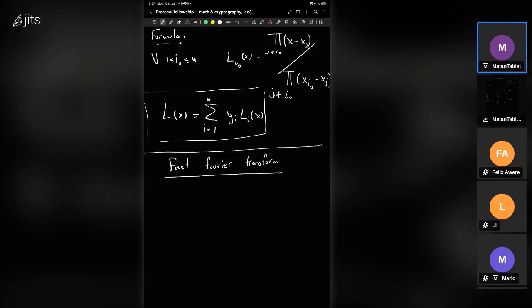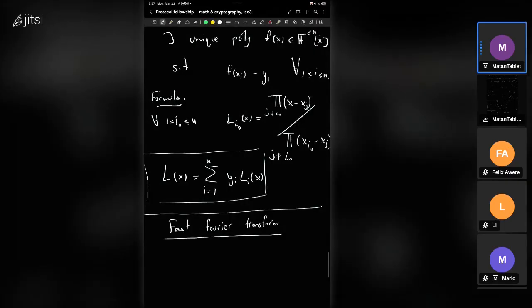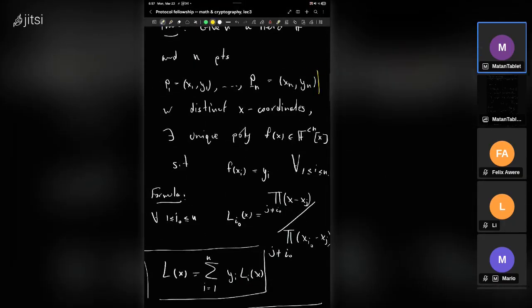Okay, then we have one. Yes. Okay. So what does efficient mean when we interpolate? Look, I will touch on it later on. But what is the time complexity of calculating the Lagrange interpolation if I give you the points P1 up to Pn?